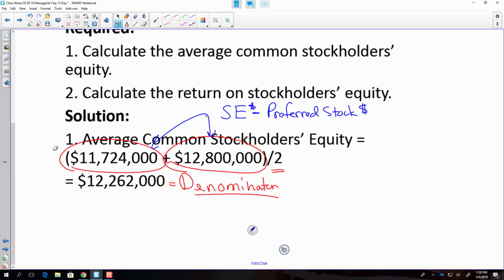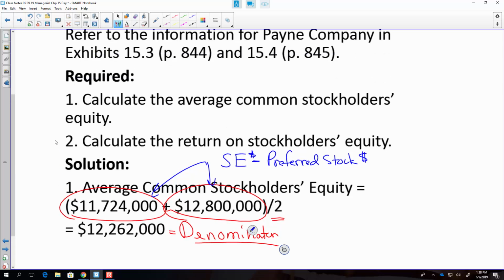So I'm going to turn my page. Where am I located? 844 in the book. The total stockholders' equity is 14,924,000 at the beginning of the year, and they subtract off of it the 3.2 million of preferred stock.